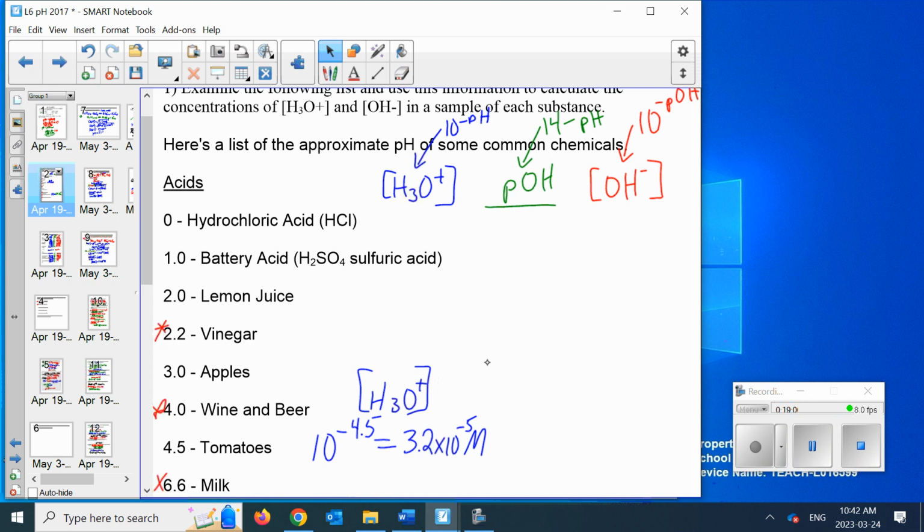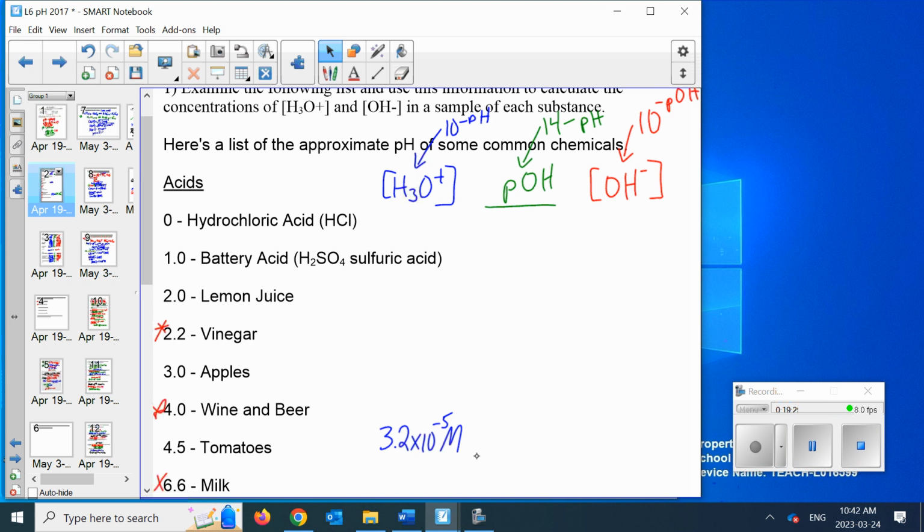Now, what I'm saying is that this is just fine. So the pOH, I suggested you invent a column called pOH. It's going to make your OH, hydroxide, easier to find.